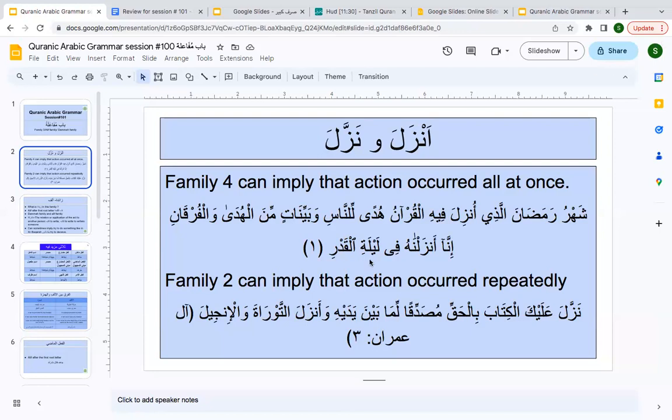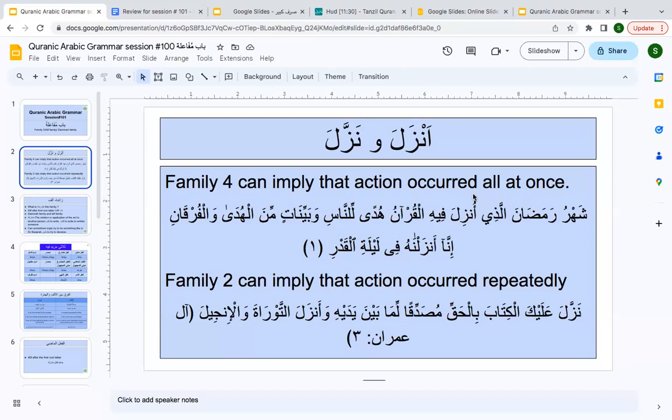Therefore, you see, Anzalnahu or Unzila. When it comes to the revelation of Quran to Prophet sallallahu alaihi wasallam, it did not happen all at once. Was he given the entire book in his hand on one day, or on the first day when he met Jibrail Amin in Ghar Hira? No, it did not occur like that.